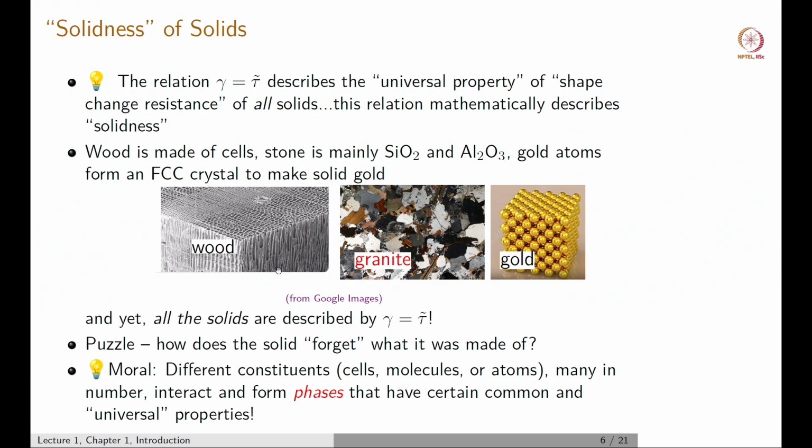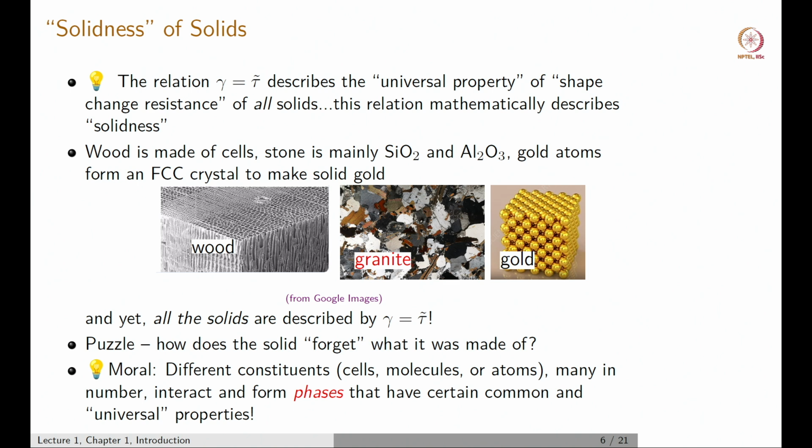Wood is made of some dried up cells. These cells can be several microns big and so on. If you look at stone or granite, it is made of some silicon dioxide and aluminum oxide and all that, and it has an interesting microstructure as I am showing here.